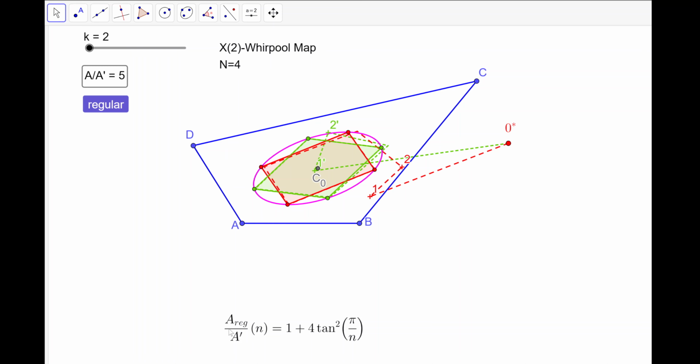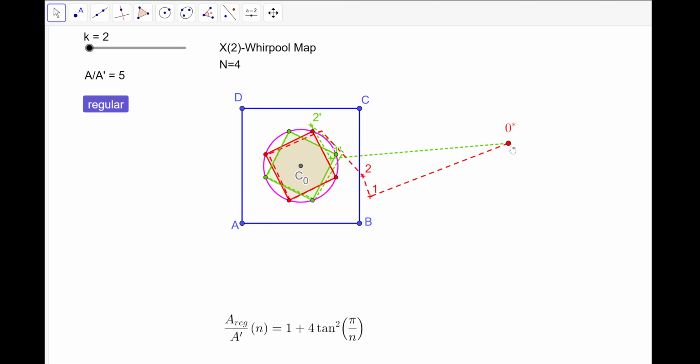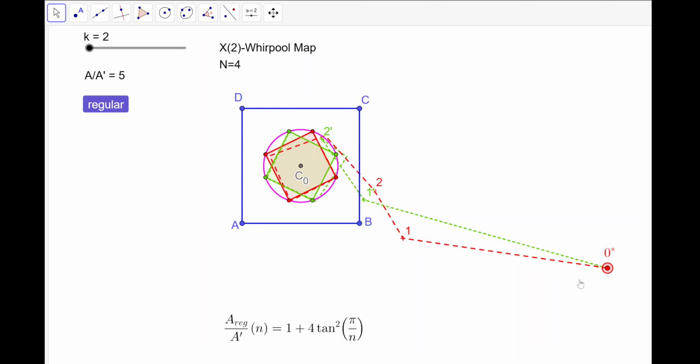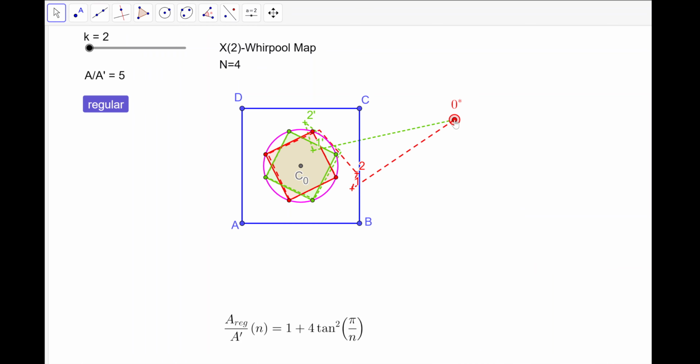Now, this is also verified by this formula, but what's weird here is that there isn't, in general, an affine transformation of any given quadrilateral to the square or regular quadrilateral situation, right? So if you analyze the regular quadrilateral, you do get these two terminal squares, and their vertices lie on a circle, and the area of ABCD divided by the area of either one of these terminal squares is 5.